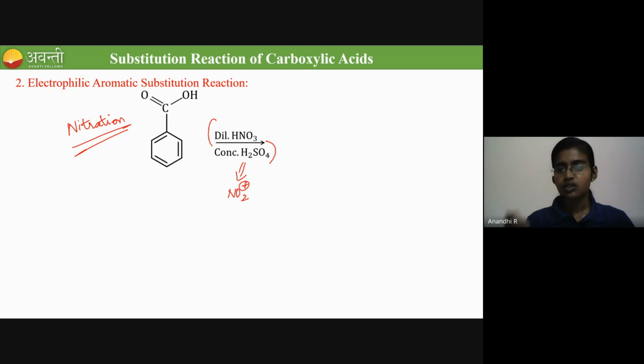This is the electrophile that is being generated from this nitrating mixture. And this electrophile will go and substitute one of the positions. To which position does it go and attack? Can you tell me whether it attacks ortho or meta or para? What type of product will we get? Ortho product or para product or meta product? Can you guess? Meta? Yes, that's correct.